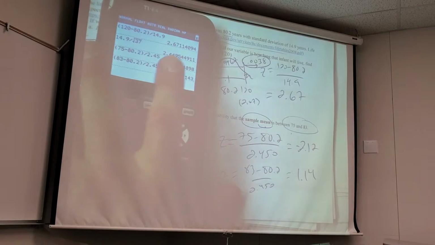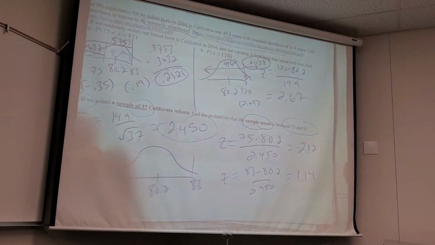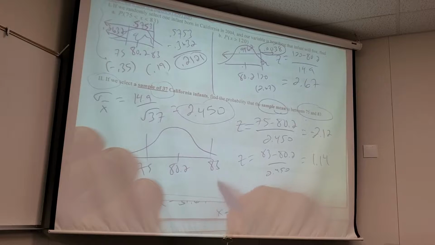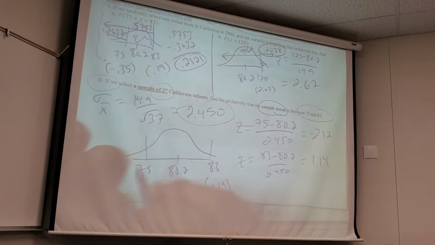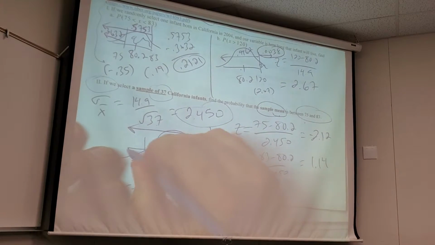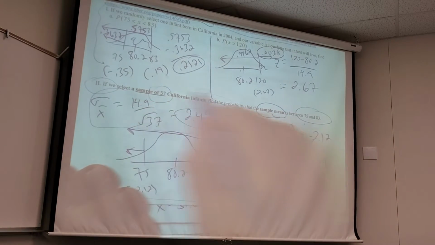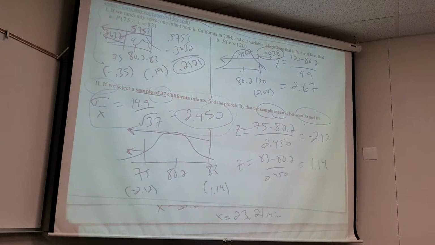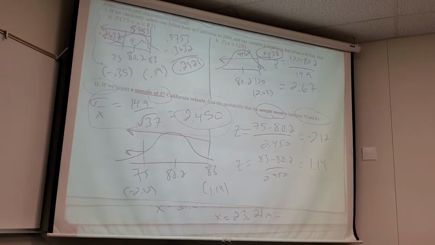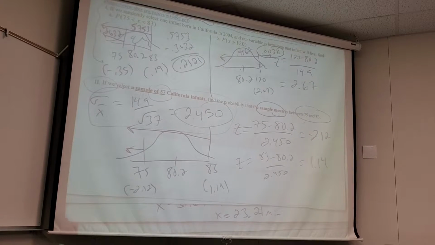So this is 1.14, and this is negative 2.12. So I do exactly like I did before. Every step after this is the same. Of course it is, because the basic idea doesn't change. The only thing that changed was I had to use the right spread. After that, the idea is the same.